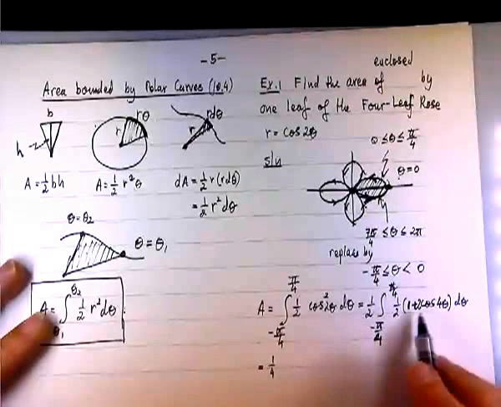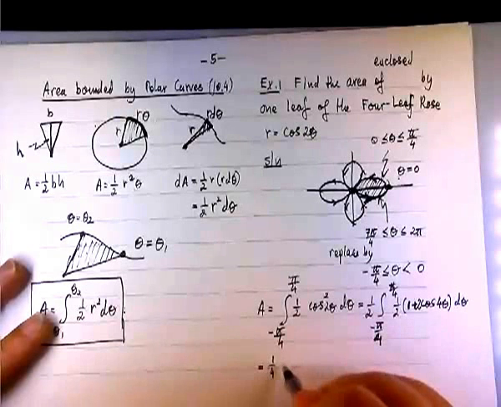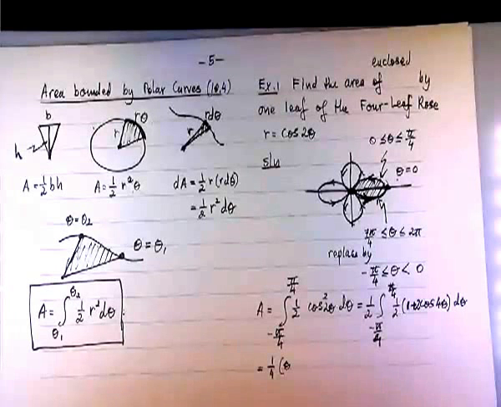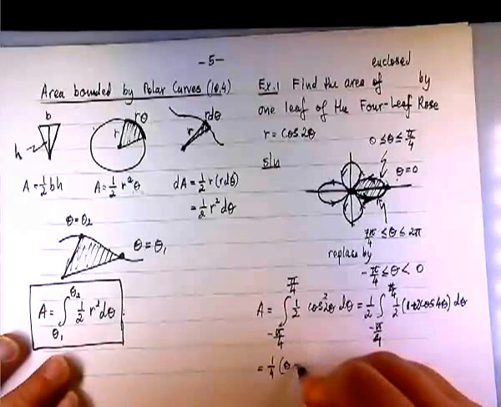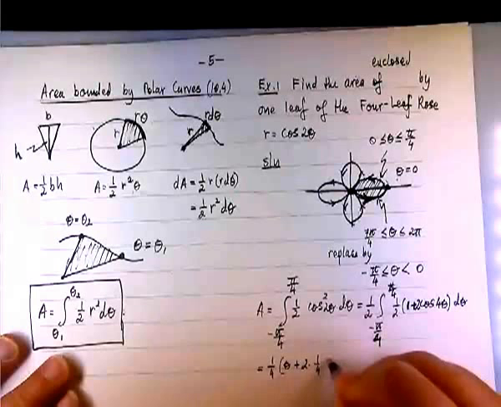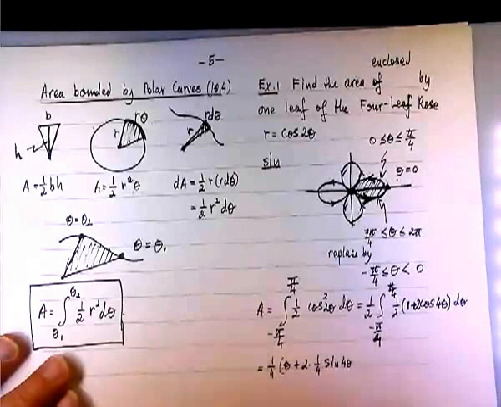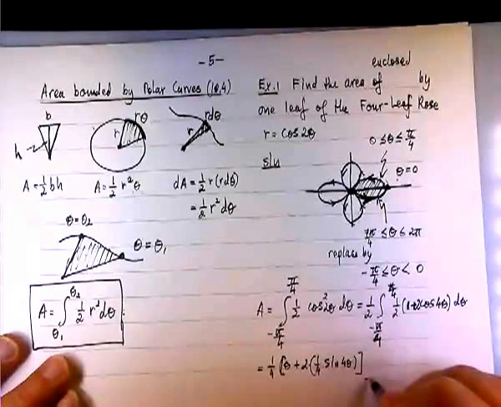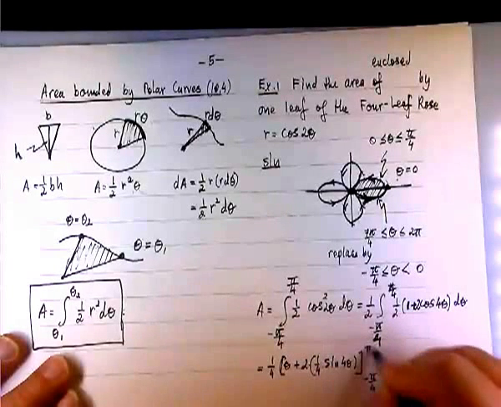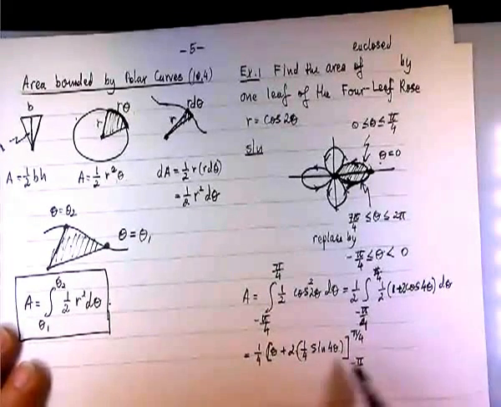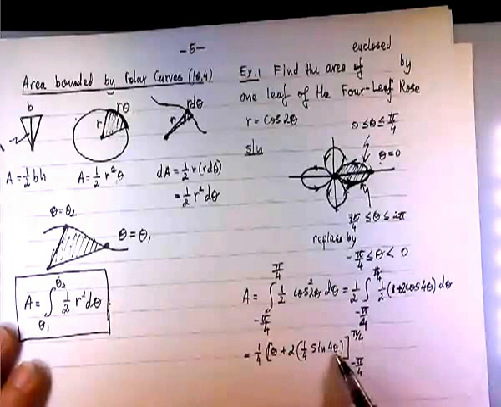So continue. Now we have 1/4, right? And we need to integrate 1 plus 2 cosine 4 theta. Well, we have theta for 1, and the integral of cosine 4 theta is 1/4 sine of 4 theta. So we have theta plus 2 times 1/4 sine of 4 theta. Evaluate from negative pi over 4 to positive pi over 4.